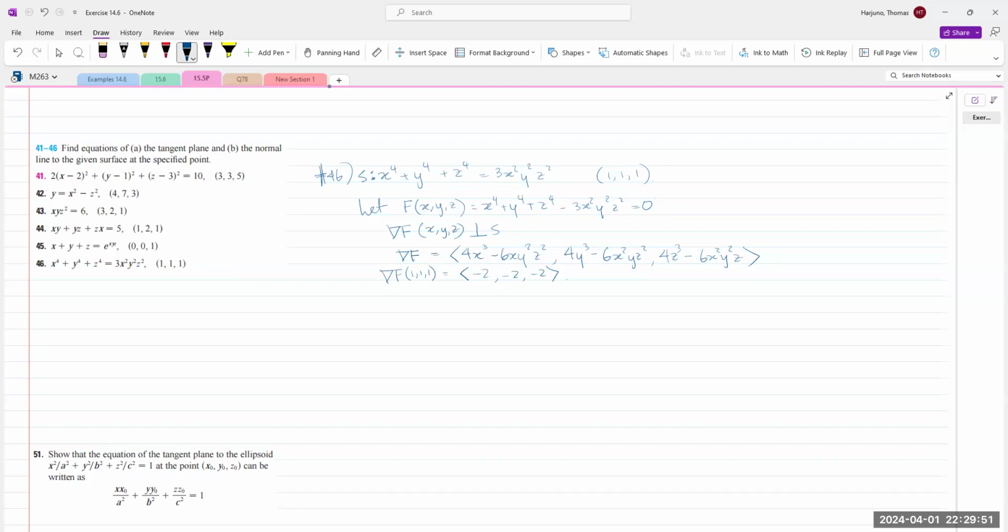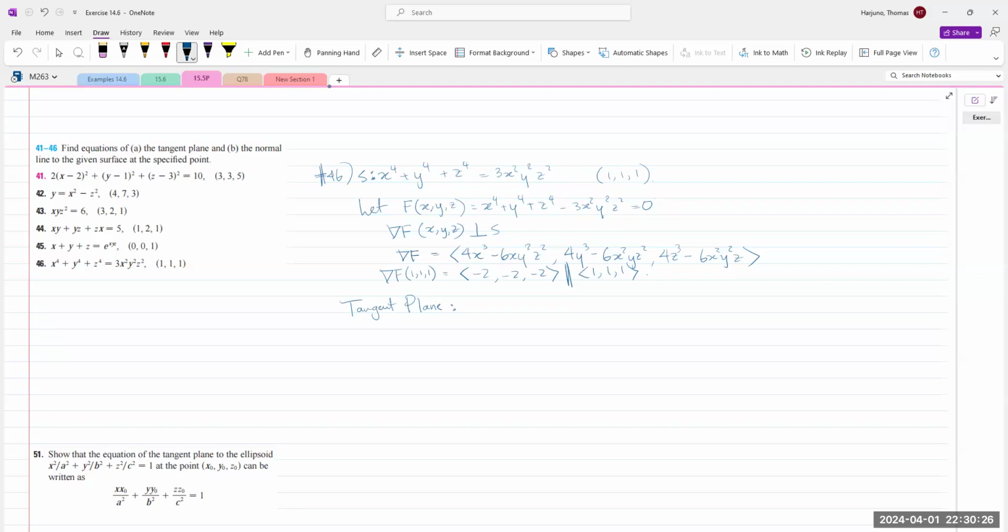But for us to find the tangent plane, you remember tangent plane and normal line, we basically need a vector that is parallel to that. So you don't really need to use -2, -2, -2. You can just use the vector parallel to that. Okay, I will just use 1, 1, 1. So the plane tangent to the surface at 1, 1, 1 must have the position 1, 1, 1.